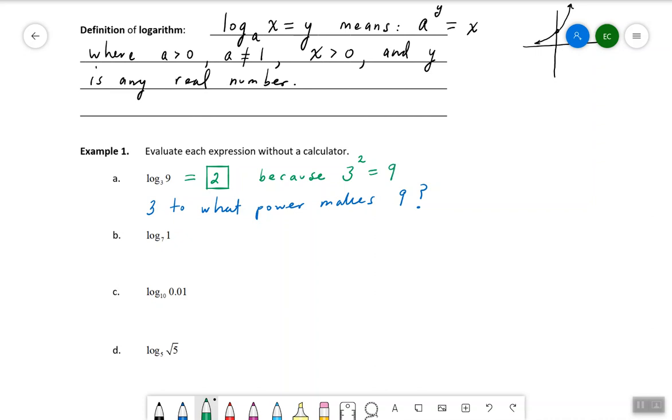Okay, you might pause the video and try to do B, C, or D. I will warn you that properties of exponents are going to be real important now to get these answers. In part B, we're trying to find log base 7 of 1. So 7 to what power makes 1?